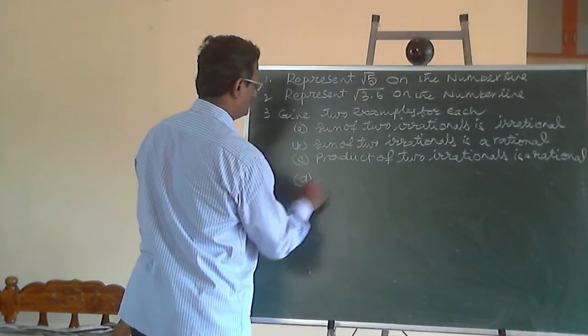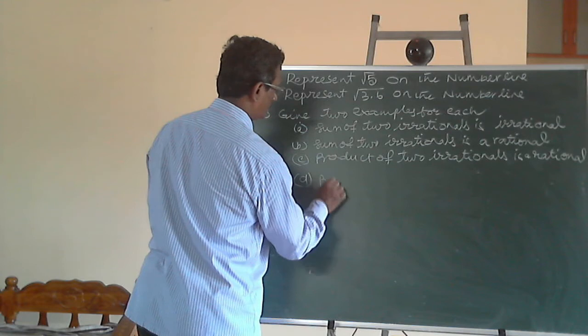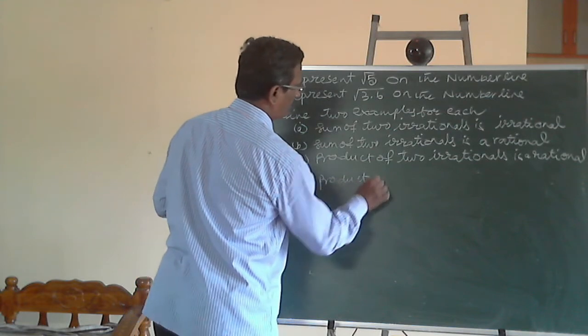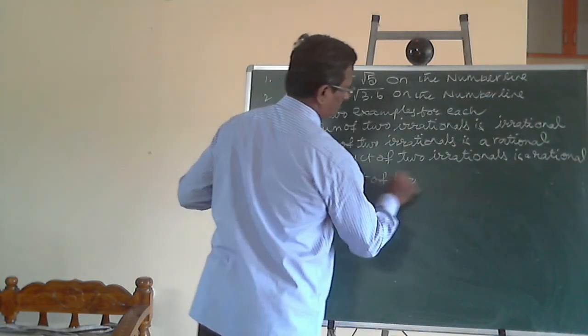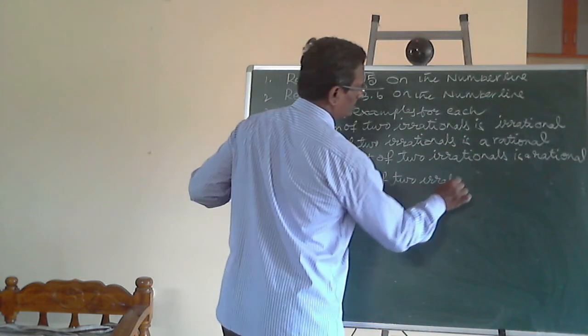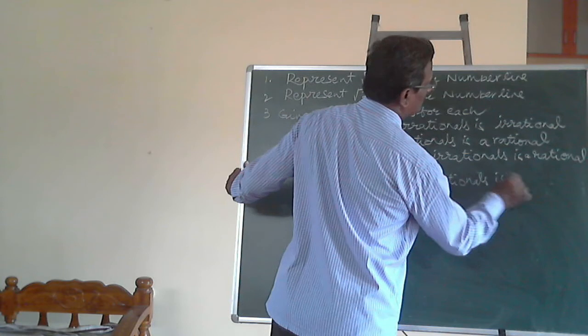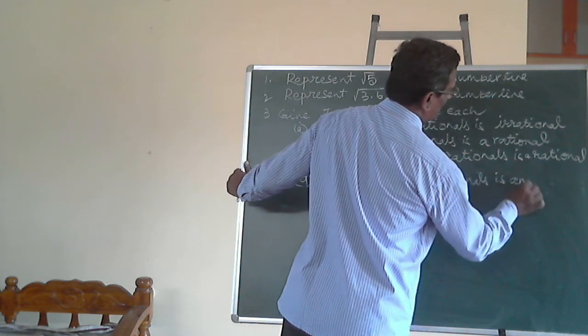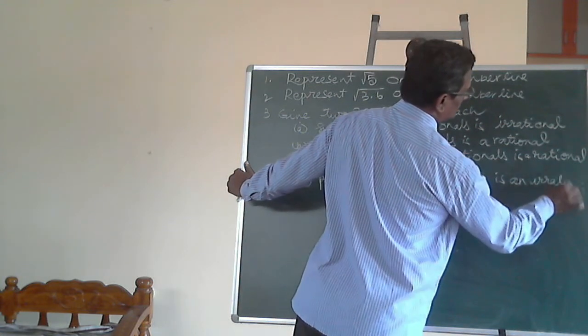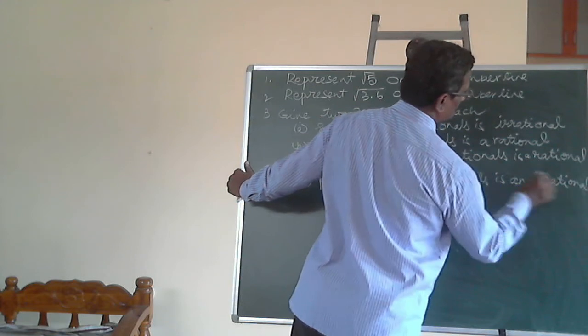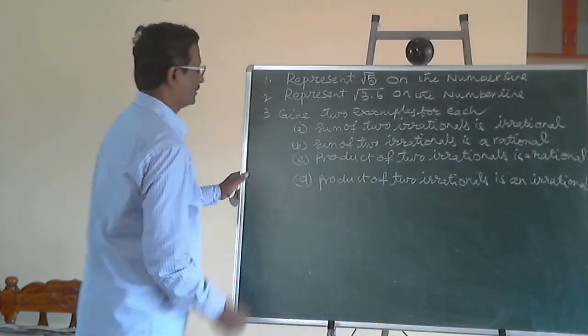D. Product of irrationals is an irrational. One more, E.